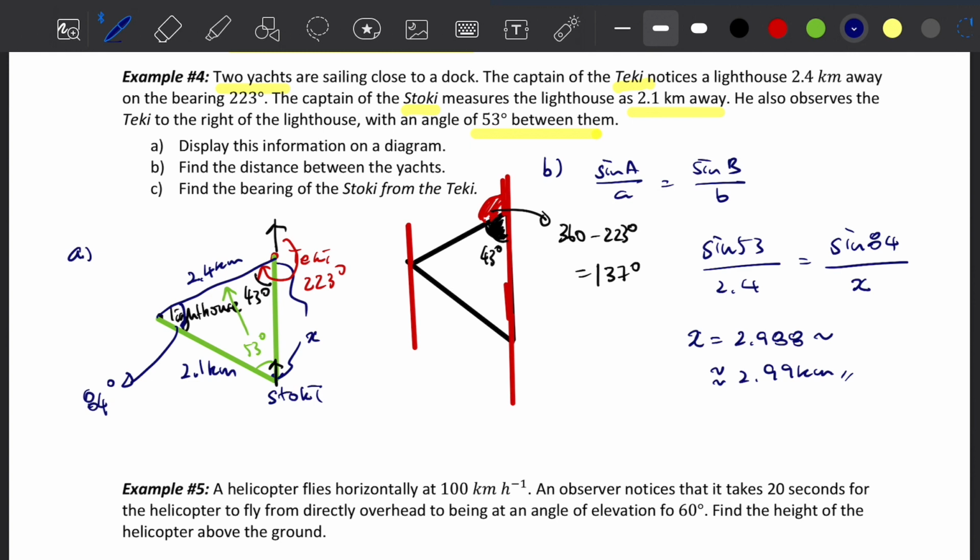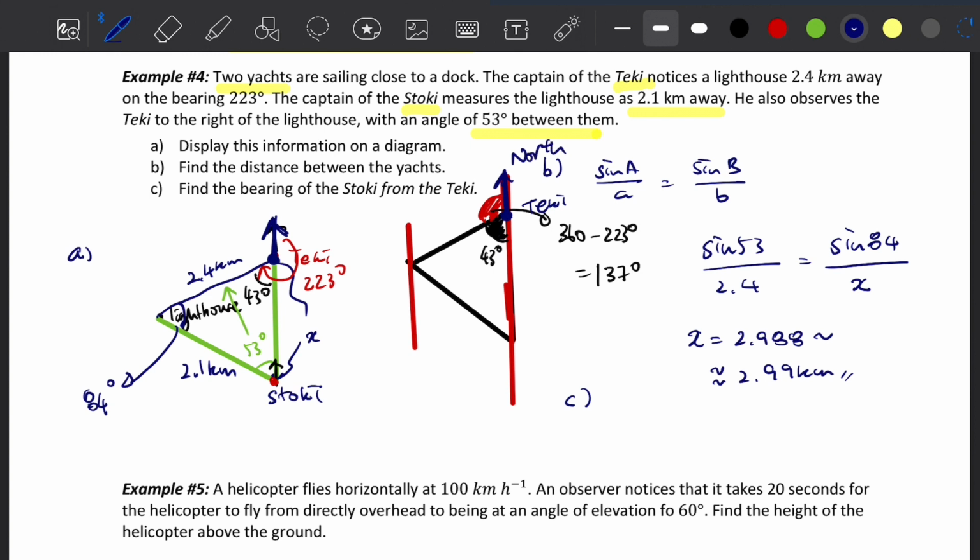Okay, and question C. We need to find the bearing of the Stoki from the Taki. Taki's position is right here, and this is Taki's true north line. Let's redraw here. This is Taki, and this is your true north.